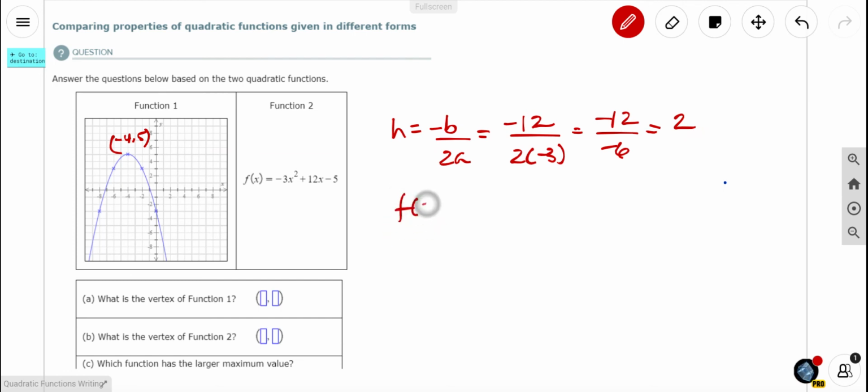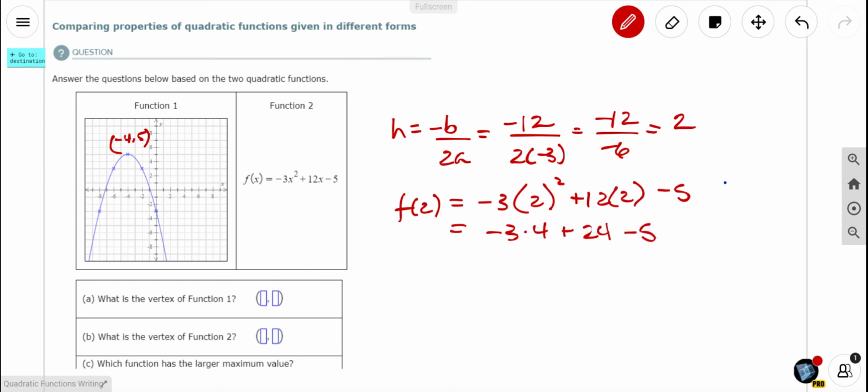Plug it back in, find f of 2: negative 3 times 2 squared plus 12 times 2 minus 5 equals negative 3 times 4 plus 24 minus 5. Negative 12 plus 24 minus 5 is 7. So it is (2, 7).